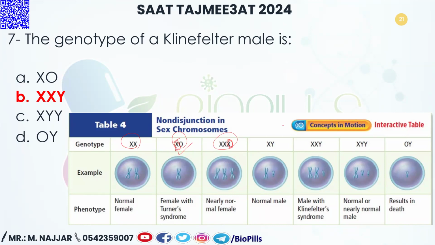XY is normal male, and here we have XXY, the Klinefelter syndrome, that has an extra X chromosome. So this person has extra female sexual characteristics. XYY is male, but has more masculine sexual characteristics. OY will die because there's no X chromosome, so this person will die.